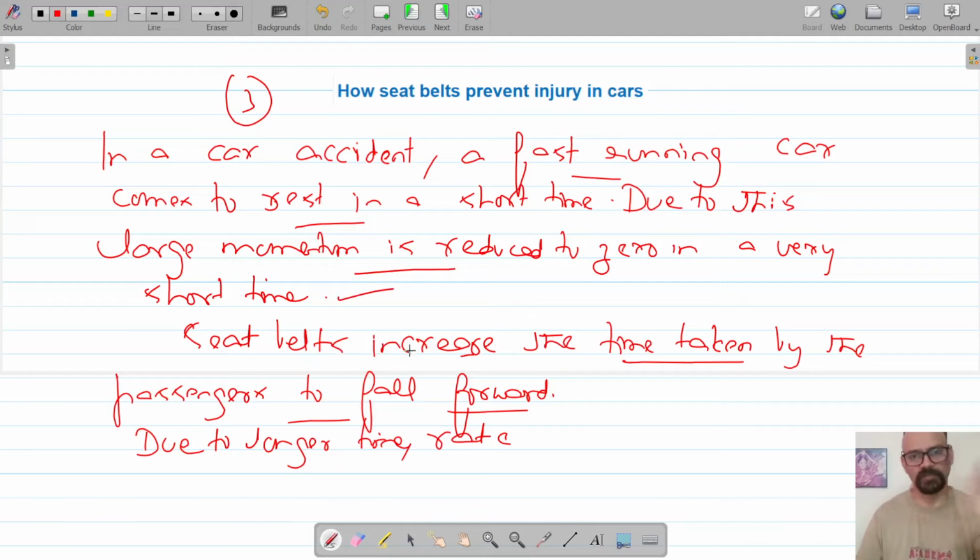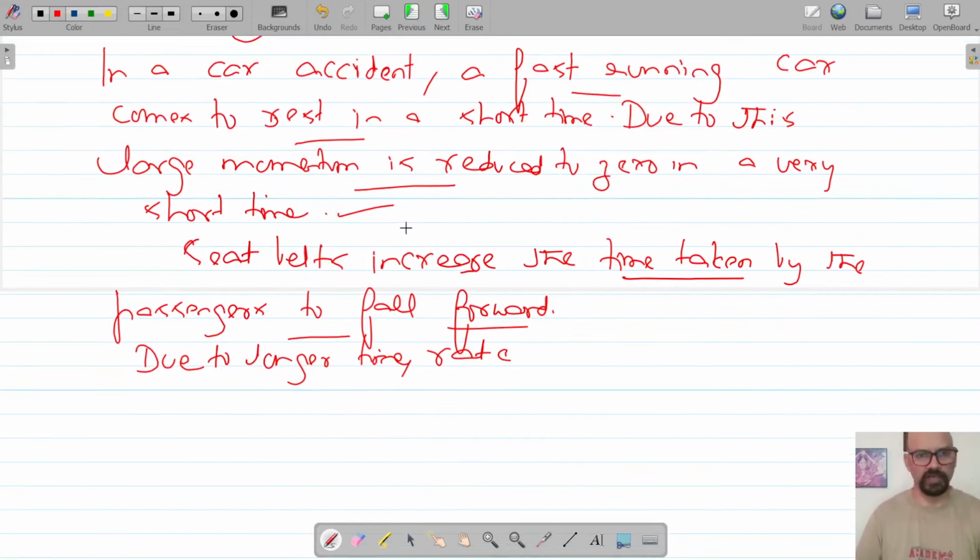Because of this large momentum being reduced to zero in a very short time, there is a large impact on the passengers. If they're not wearing the seat belts, they may get fatal injury, and the seat belts increase the time taken by the passengers to fall forward. Due to this longer time, the rate of change of momentum is reduced.